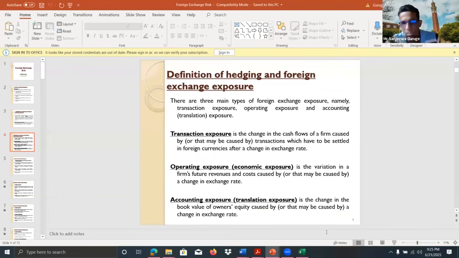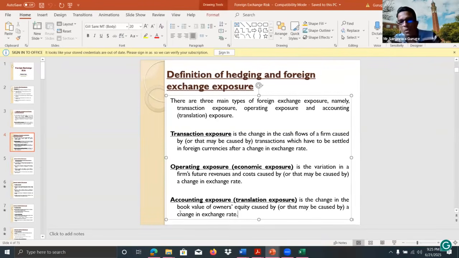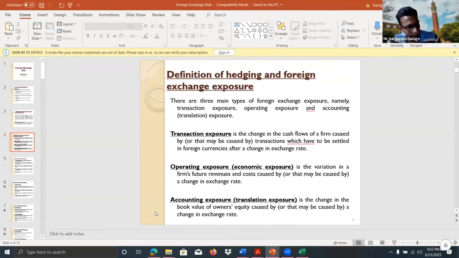Due to the change in the exchange rate, there can be a loss from a transaction that the organization has already entered, or a transaction the organization is planning to enter in the future, or due to depreciation of currency when we translate the assets and liabilities.